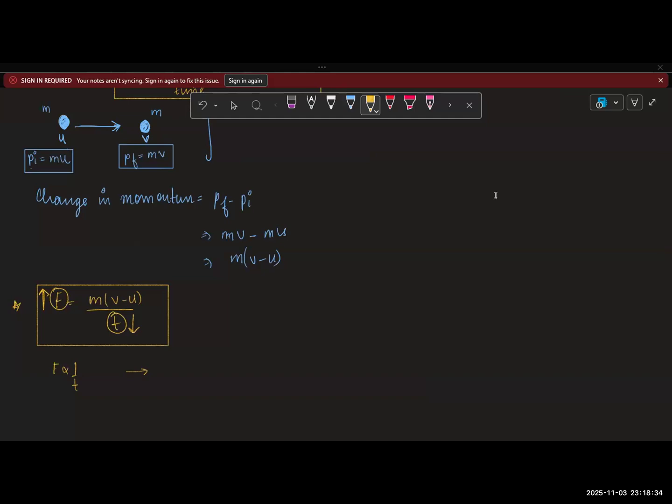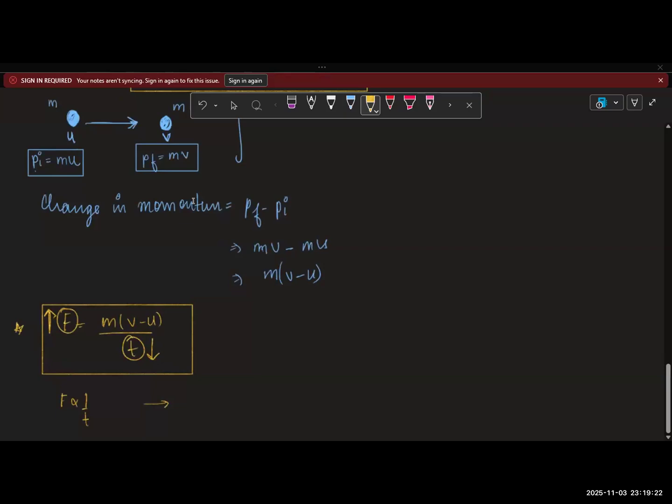Tell me, everyone, have you written this part? Not completely. Just tell me when you're done, okay, everyone?